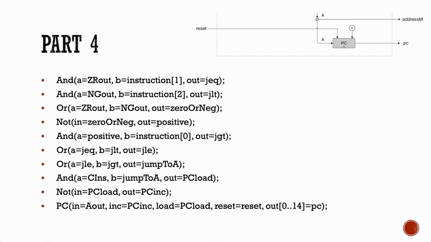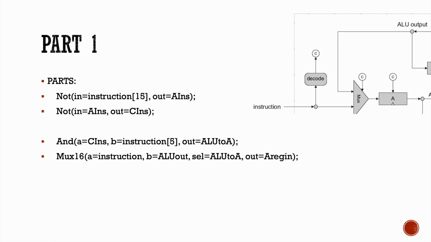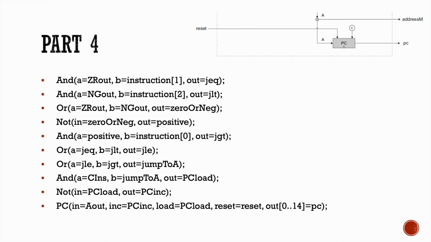So this is the last part, and as for now, it is the end of the HDL code, and I've already explained everything about the HDL code of the CPU.